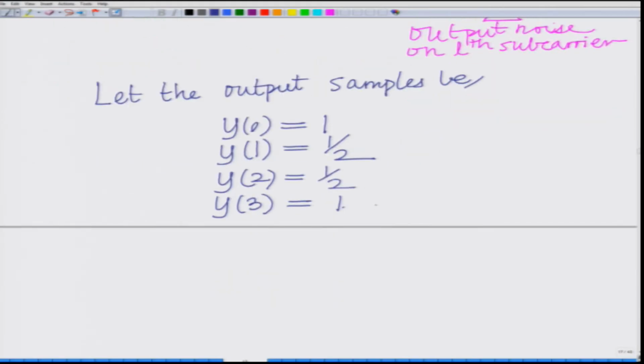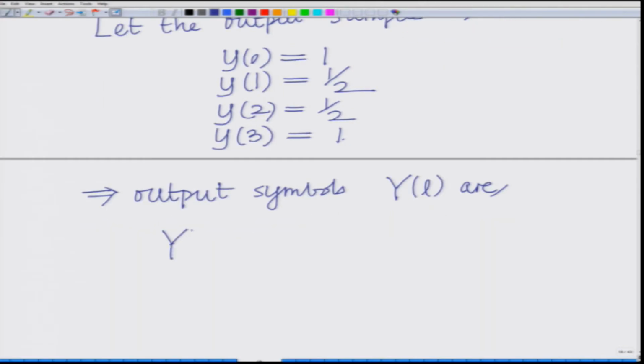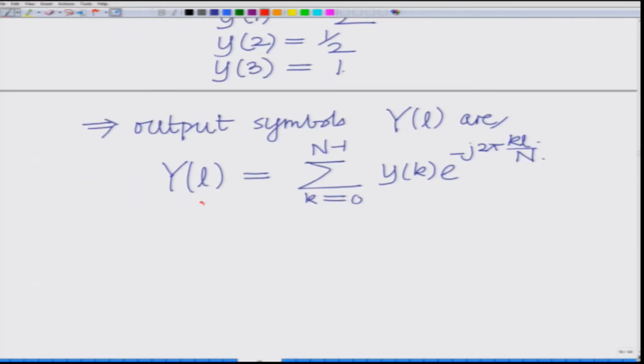Therefore, the output symbols Y_l, remember, are given by the FFT of the time domain samples y_k, that is, the sum over k equal to 0 to N minus 1 of y_k e to the power minus j 2 pi k l divided by N.